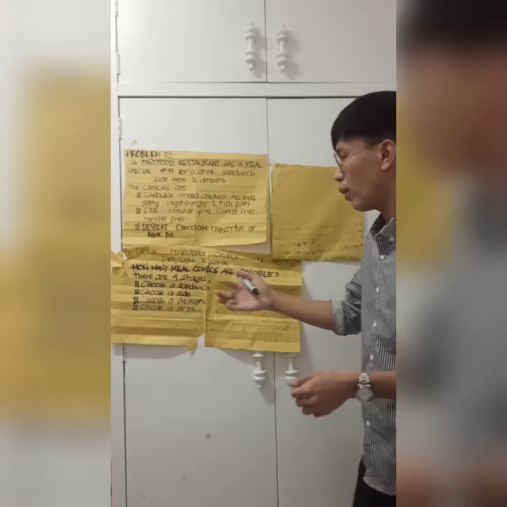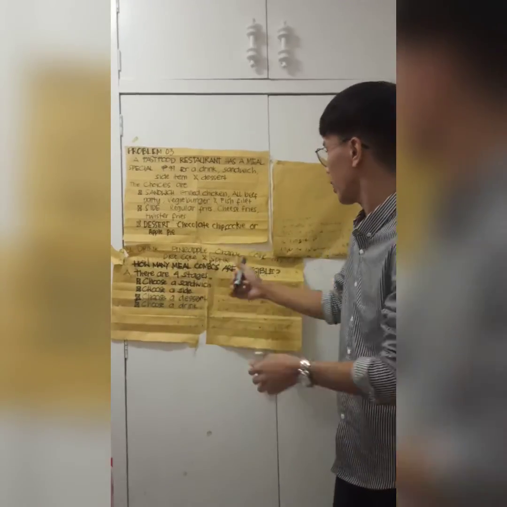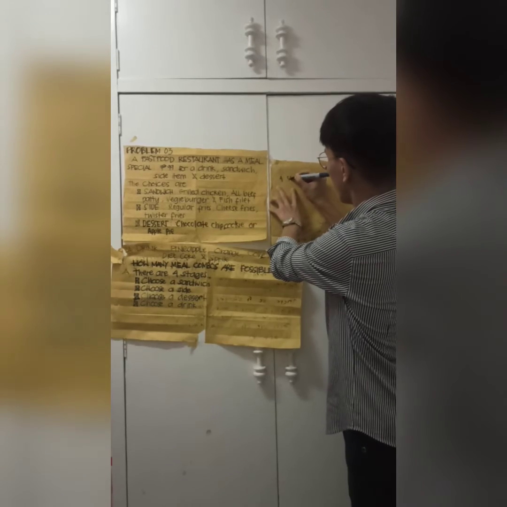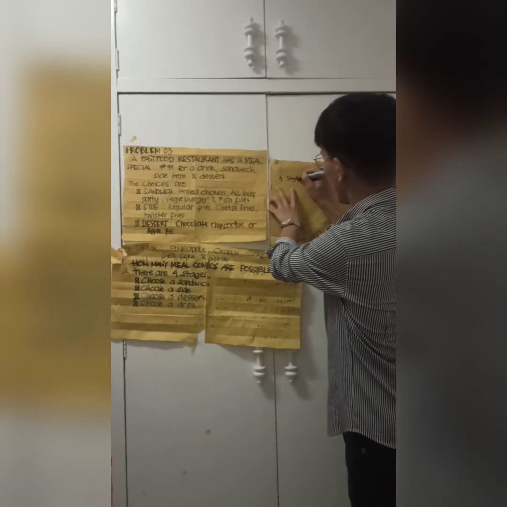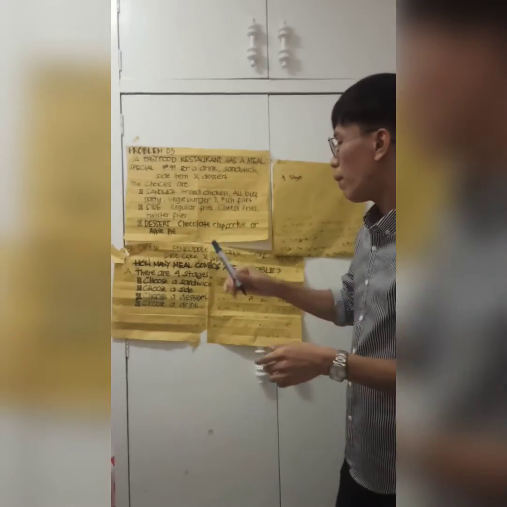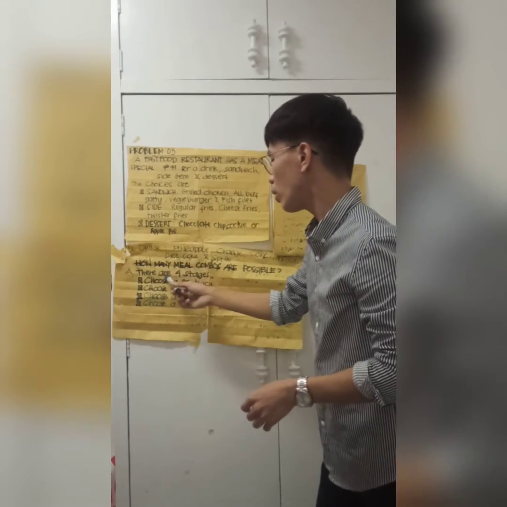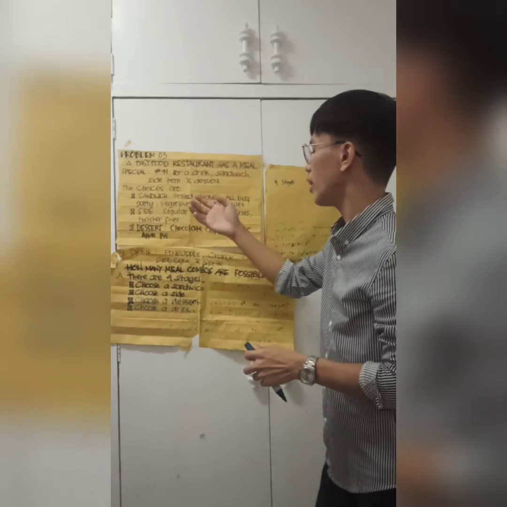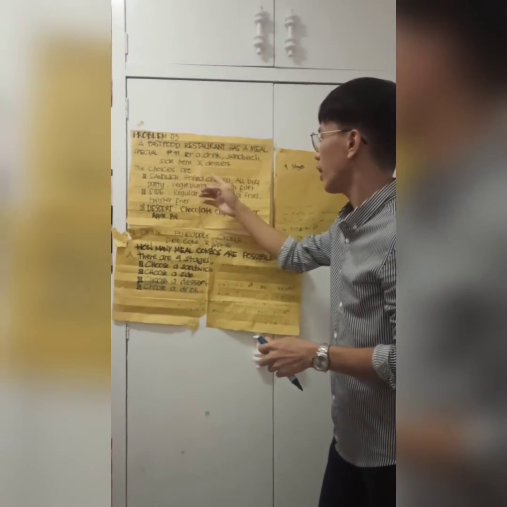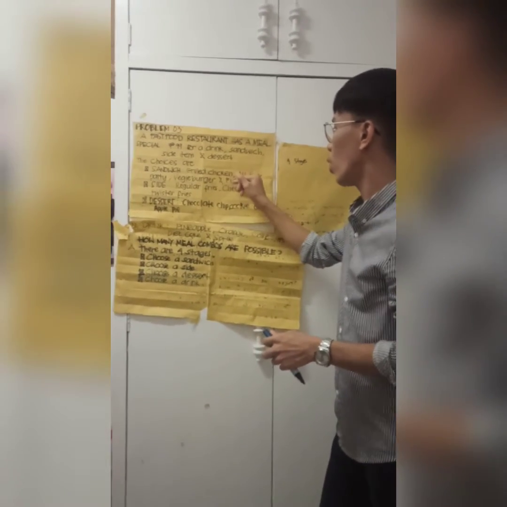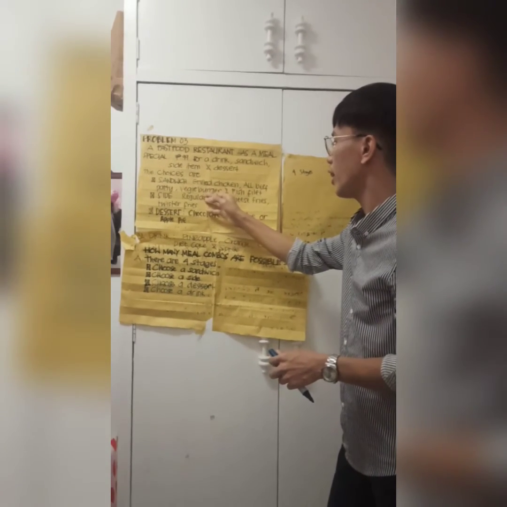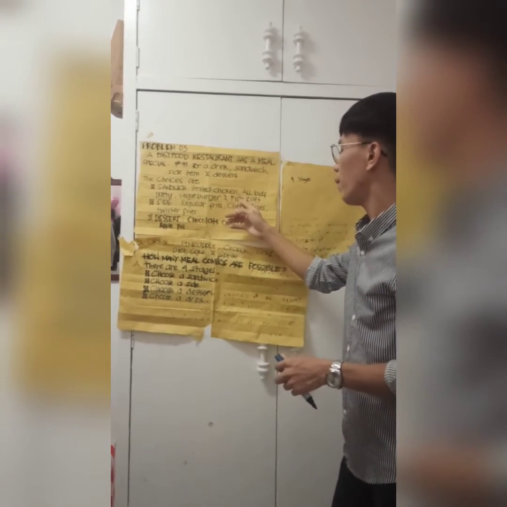Now, as you can see here, we have 4 stages. We have to choose a sandwich: 1 grilled chicken, 2 all beef patty, 3 veggie burger, and 4 fish fillet.